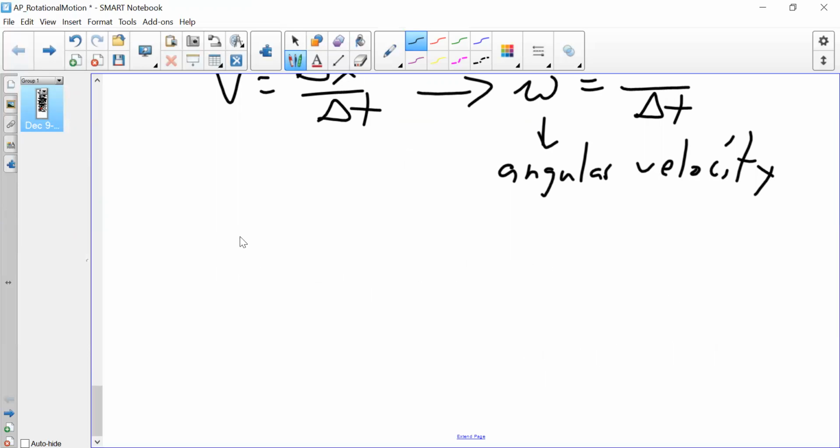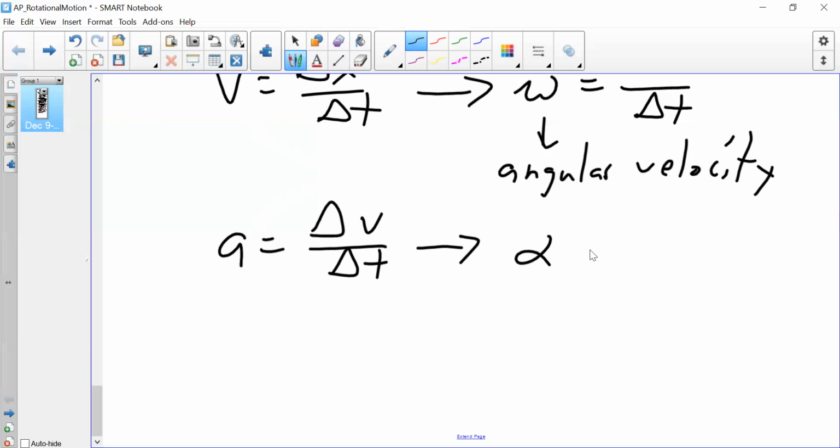We have linear displacement above. Linear acceleration, which is delta V over delta T. And we introduce a new variable for angular acceleration, which is alpha, and which is going to be delta omega over delta T.